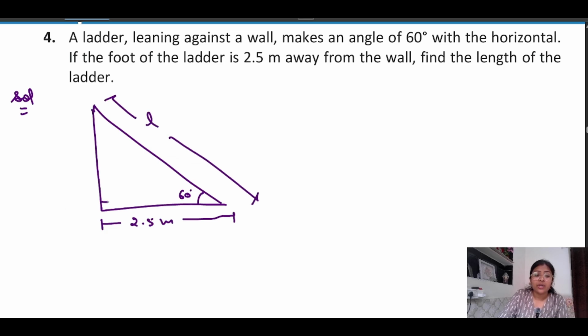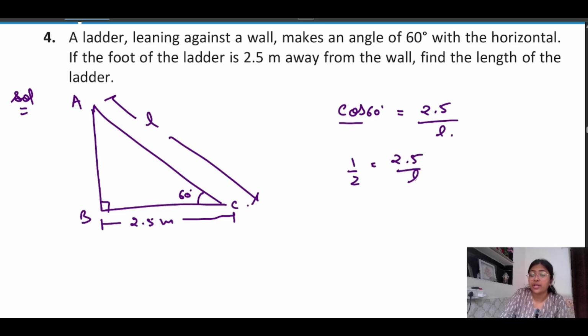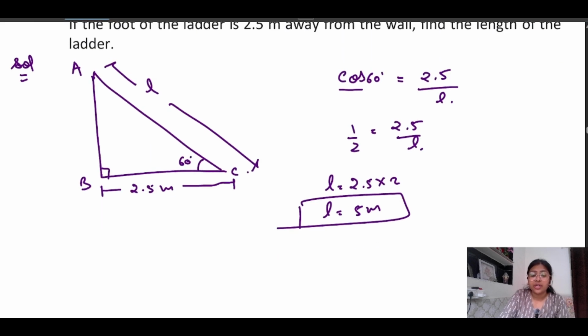This is the length. Which ratio are you going to use? Yes, cos ratio this time, because here we have the base value and the hypotenuse. The hypotenuse and the base relation we can find out with the cos. So cos 60 will be 2.5 over L. The value of cos 60 is equal to the value of sine 30, that is 1 by 2 is equal to 2.5 over L. The value of L is 2.5 into 2, that is 5 meter. Okay, now try next.